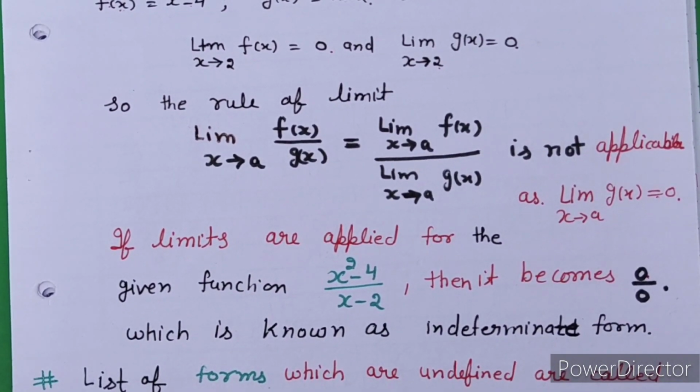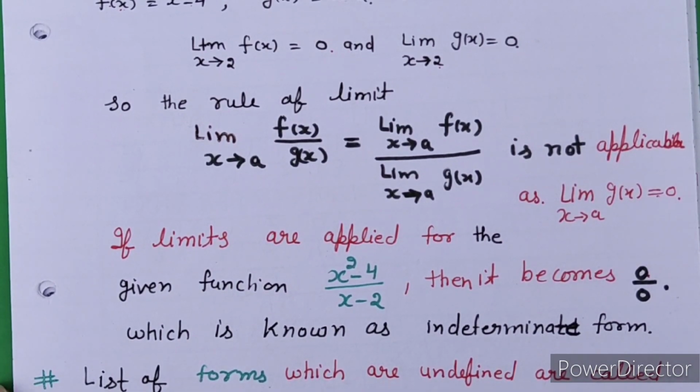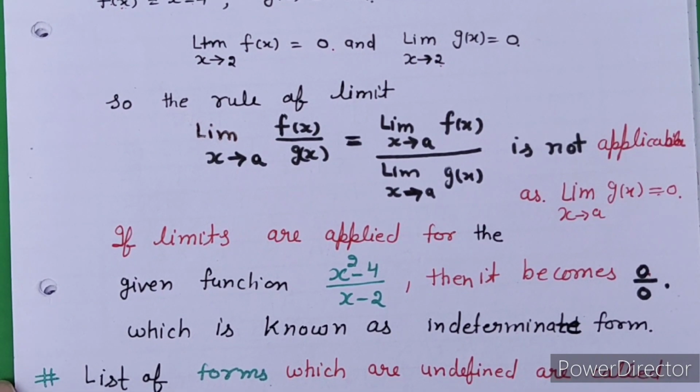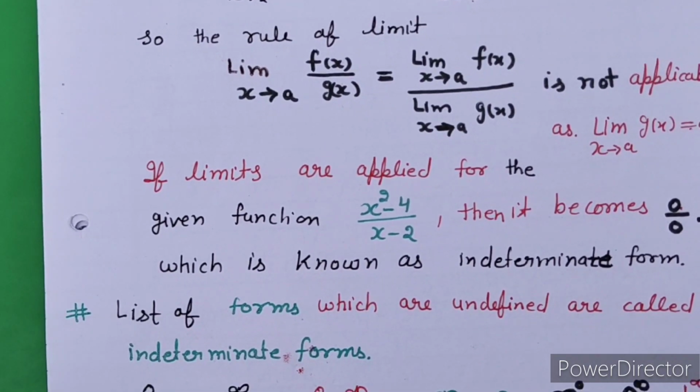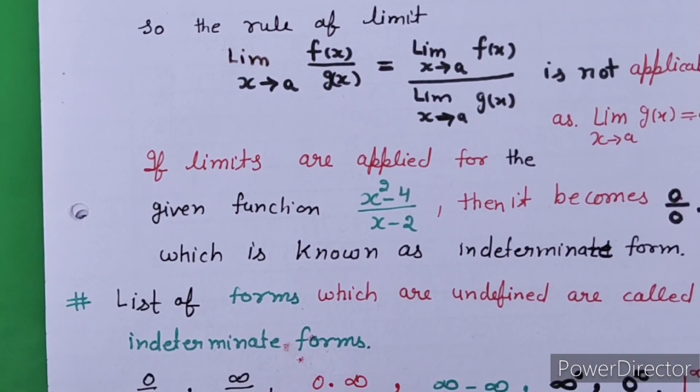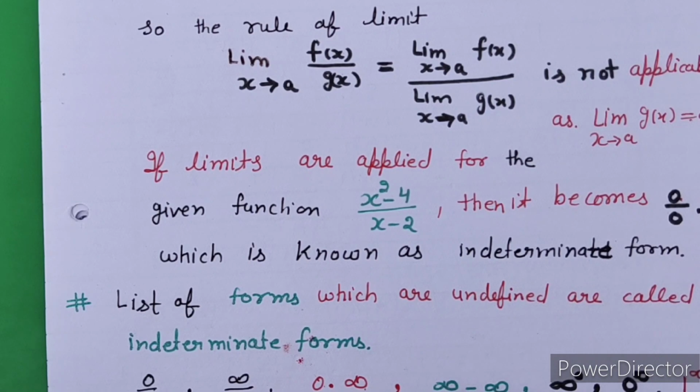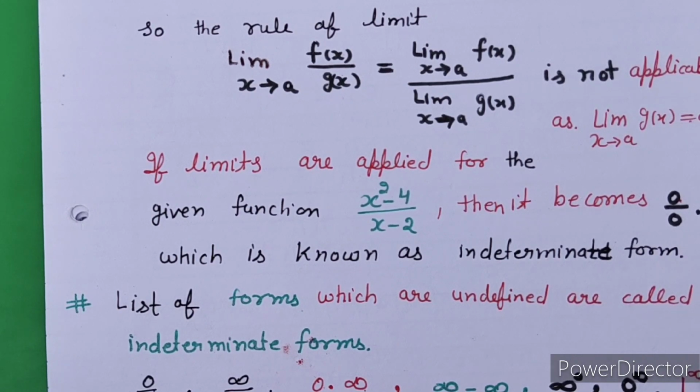So first of all we will learn what are the different forms of indeterminate form, and then give the examples. So there is 0 by 0 form, and infinity by infinity, 0 into infinity, infinity minus infinity, infinity power 0, 0 power infinity, and 1 power infinity.